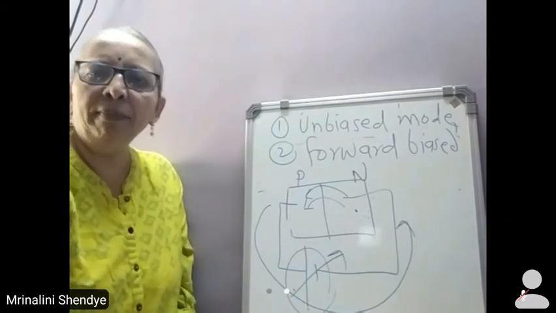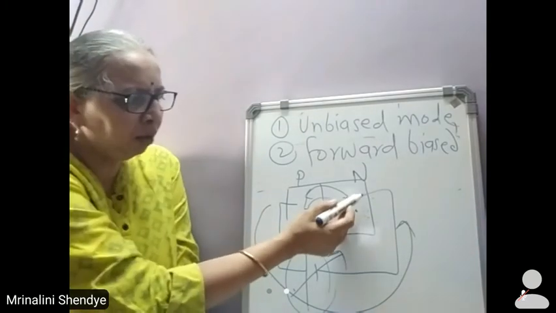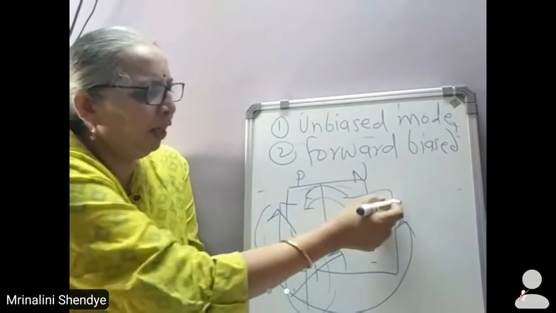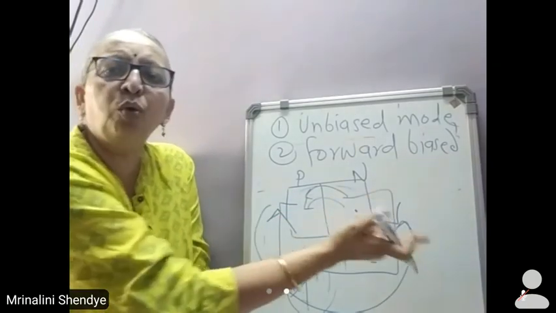At that time you observe electron motion, and hence conventional current will be from P side to N side.